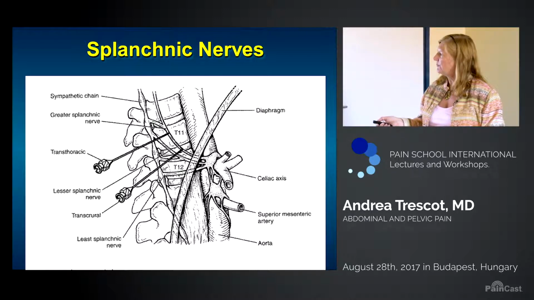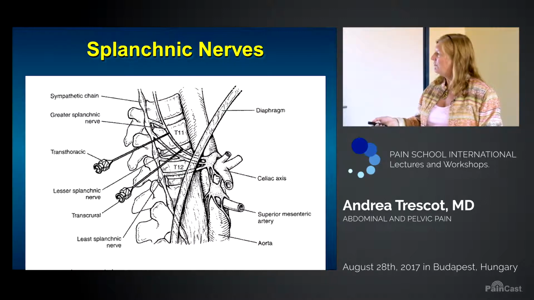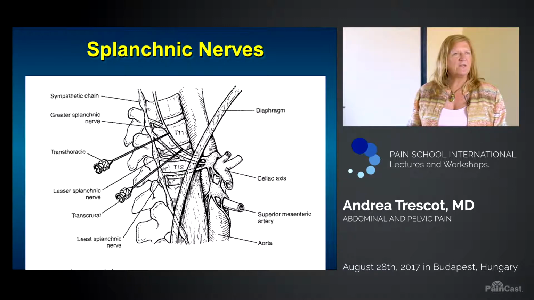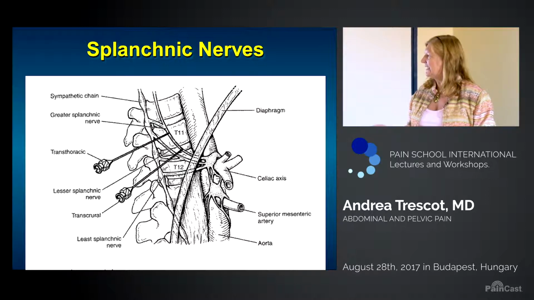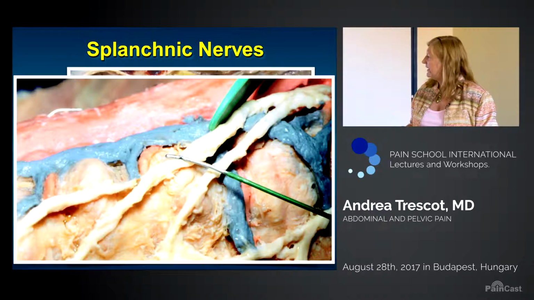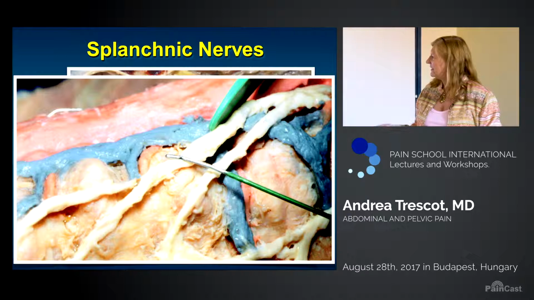You can approach it at T11, the junction of T11 and T12, or at T12, but mostly it's this region that we're focusing on because you have the potential for addressing both of the major nerves there. The least splanchnic being least important.